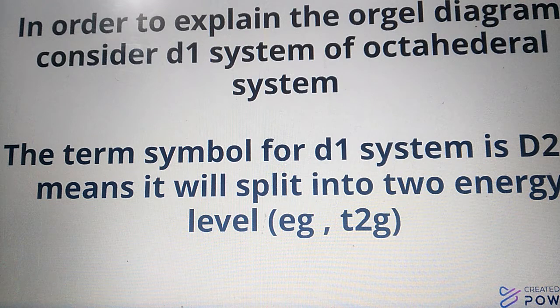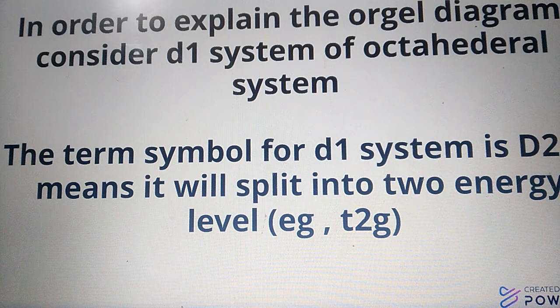And how does the capital letter D come? d is present in the third shell. So the L value for d is equal to n minus 1. n represents the shell number. 3 minus 1 is equal to 2.